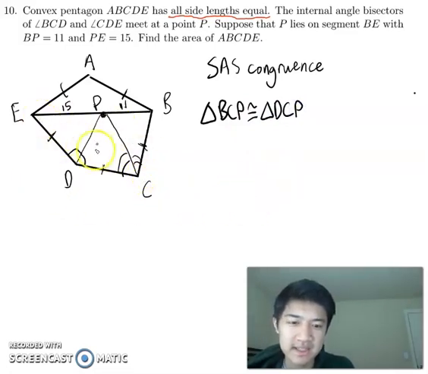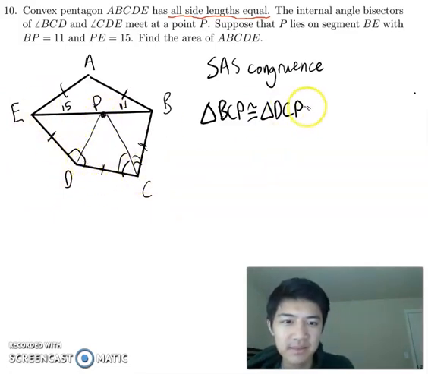And using the exact same logic on the other side, we see that since DP is itself, CD equals DE, and these two angles are the same, we can do the same exact reflection over the angle bisector again. We get triangle DEP is also similar to these two.